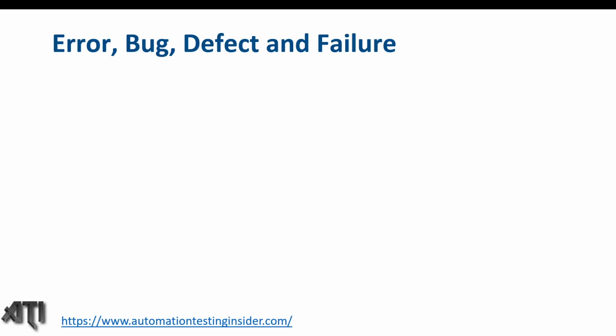So let's talk about error first. What is an error? An error is a mistake made by a developer while writing the code. Or in other words, an error is a programmatic mistake done by a developer while writing the program. What are the different types of errors we may face while writing the program? Let me write some of them.